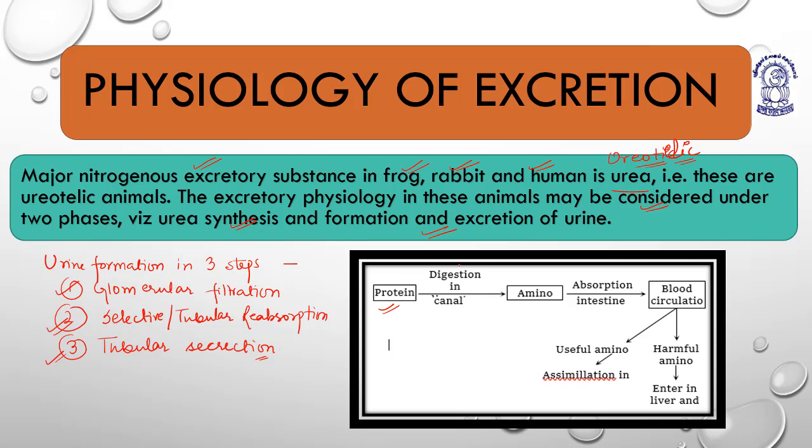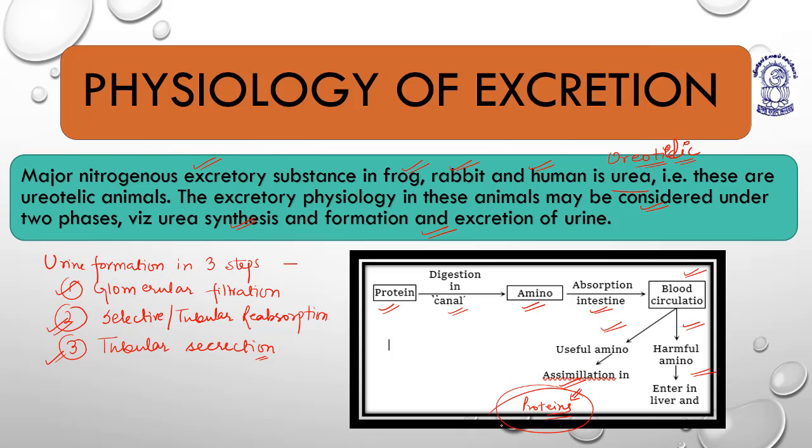Proteins are digested with the help of different digestive juices in the alimentary canal to form amino acids, which are further absorbed in the intestine and become part of the blood circulation. Then the harmful amino acids enter the liver and get metabolized there, and the useful amino acids get assimilated in the cells to form proteins.